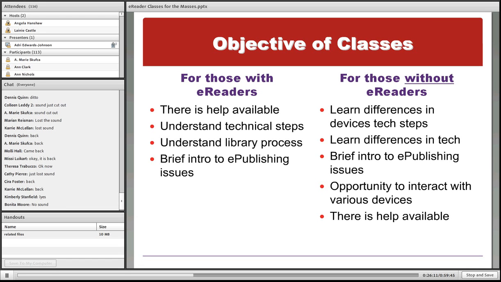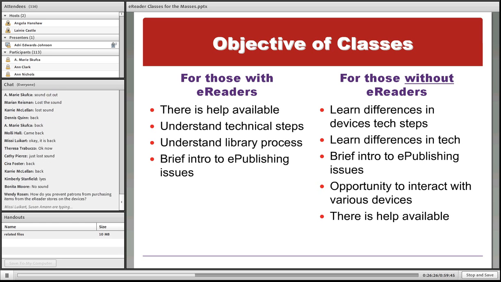And then to also introduce them very briefly to the issues revolving around e-publishing with HarperCollins, Penguin Publishing, all the publishers who, one minute or another, decide to drop us from being able to purchase or afford their materials. We let them know.